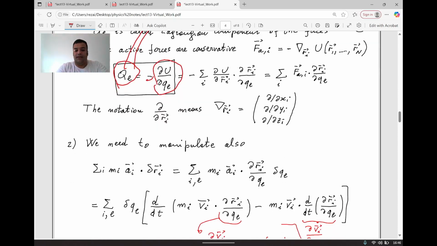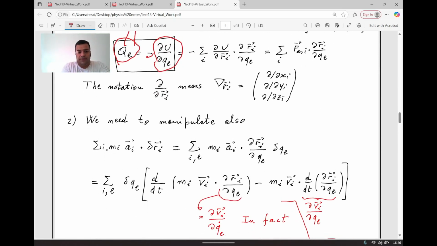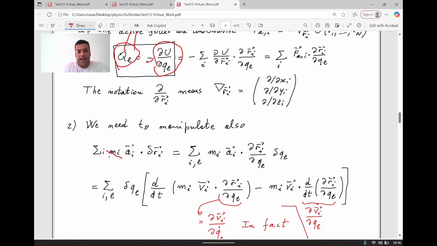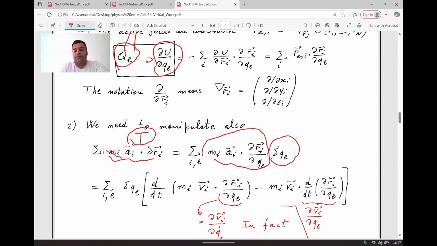What is that exactly? Guys, I told you we just are going to calculate this part, and after calculating this part we can find the kinetic energy T inside this formula. How can we write this? At first we know we are in this section m_i a_i times the partial derivative of r with respect to q, but if we multiply this they can cancel, and exactly our previous one.